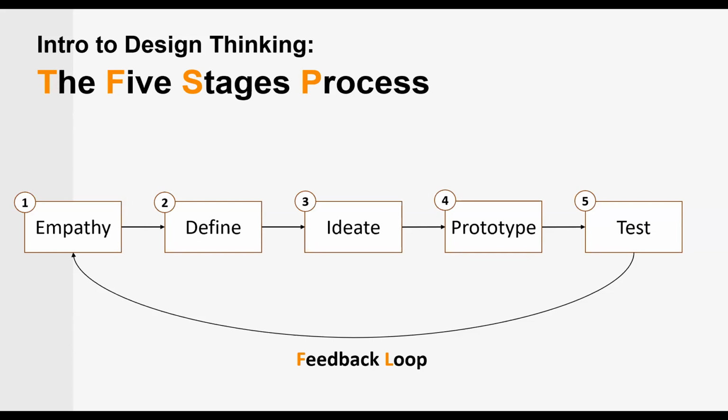Prototype is basically after you come up with the ideas, you then try to come up with the possible scenarios for each of them so that you are able to understand what is the best scenario or outcome for each solution. And then the fifth one is test it or basically implement it. And from the testing, you basically go back again as a loop or feedback loop into the empathy again. Why is that?